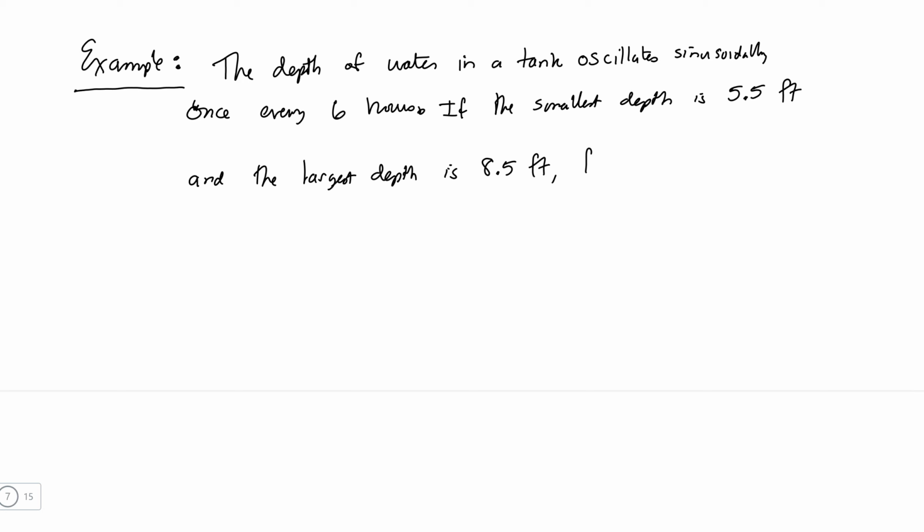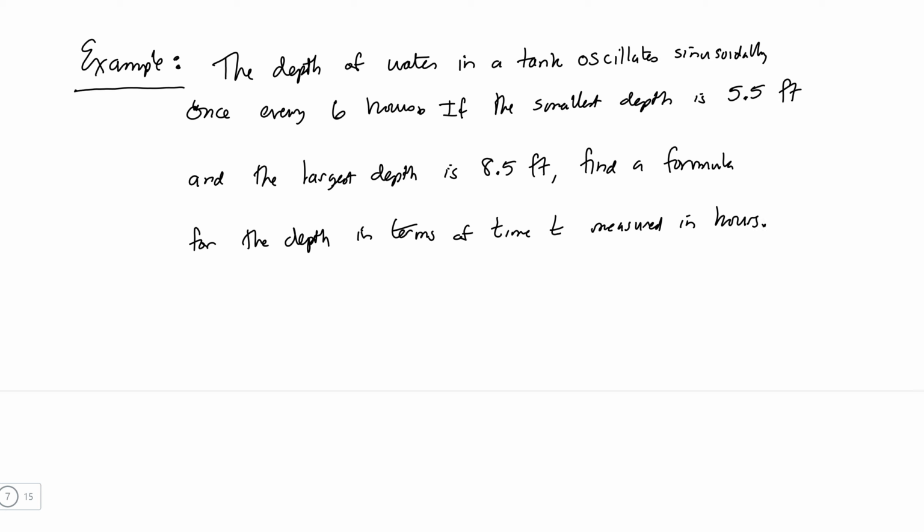Let's find a formula for the depth in terms of time t measured in hours. Here we're not told what time of day or anything, so we can make that choice ourselves.